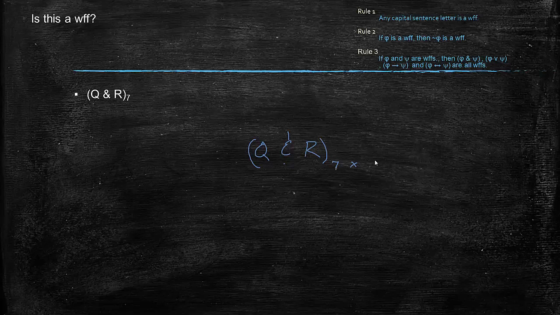Now, this is not necessarily evident from here, because this says any capital sentence letter is a WOOF, and really the expanded version is any capital sentence letter or sentence letter with subscript. So Rule 1 allows you to put subscripts on the capital letters, but Rule 3, for example, does not allow you to put subscripts on the outside of parentheses. So this is not a WOOF.